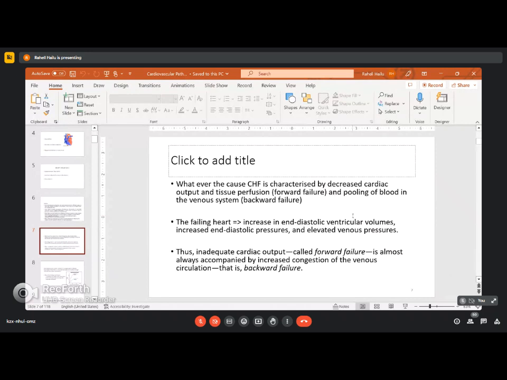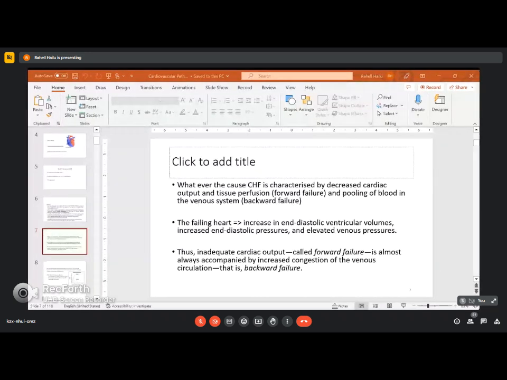What is the end-diastolic ventricular volume? Yeah, the volume of the blood, that's fine.